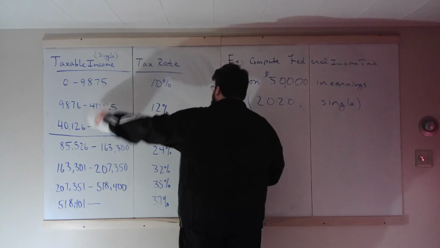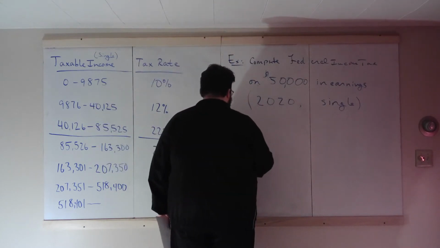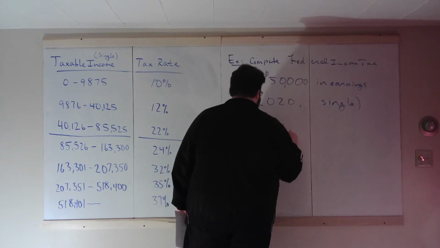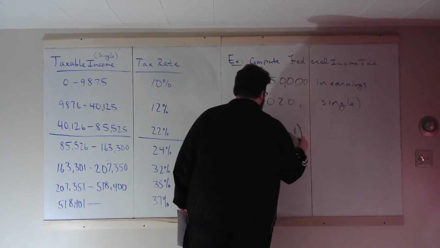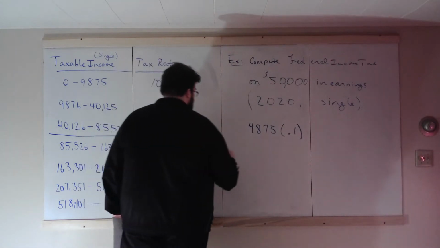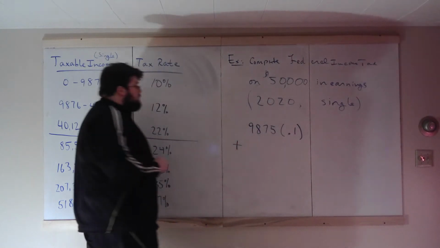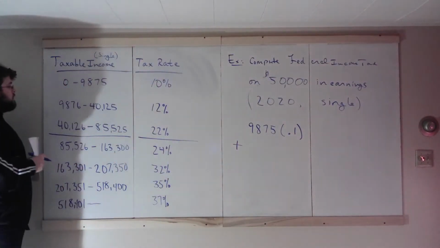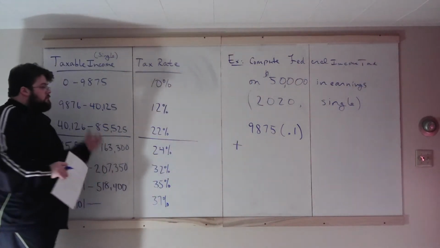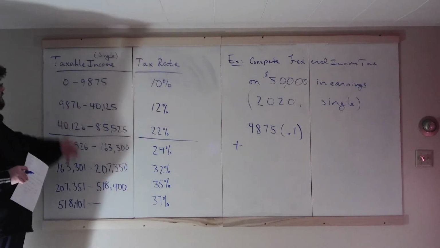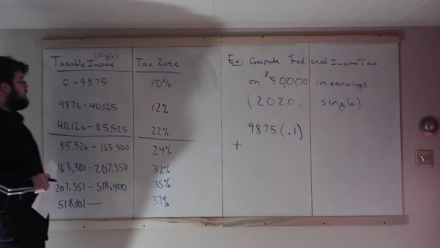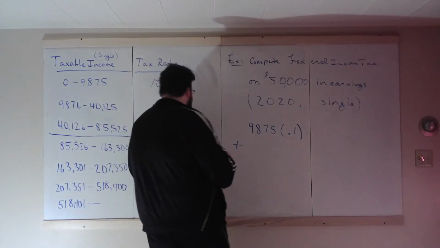Well, the first $9,875 is taxed at 10%, so we'll multiply that by 0.1. Plus, you earn $50,000, that's above $40,125, so the income you earn between $9,875 and $40,125 is taxed at 12%.